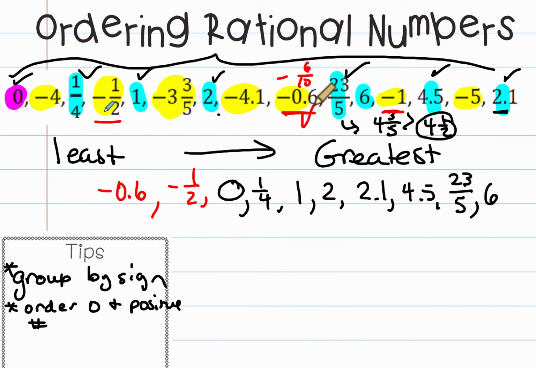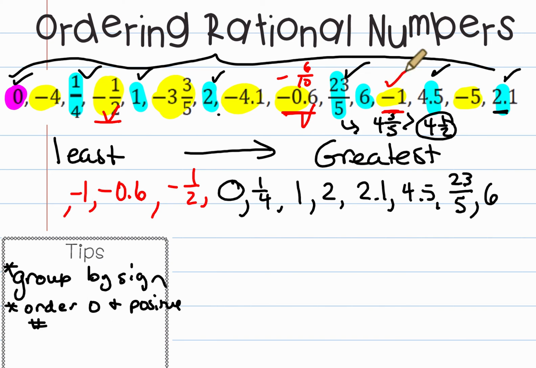So I've done this one, I've done this one, and now I have left over -4, -3 3/5, -4 1/10, -5. So which one is the one closest to -6/10 from there? Well, it has to be -1.